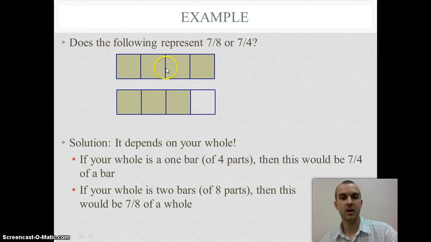So if I look at that, I have 1 whole and 3/4 of a second whole, or 7/4. Or I could say that my whole is all of the squares that make up this image, and there are 8 squares, therefore 7 of the 8 are shaded in, 7/8. So understanding context of our images and understanding context of our problems is going to be very important.